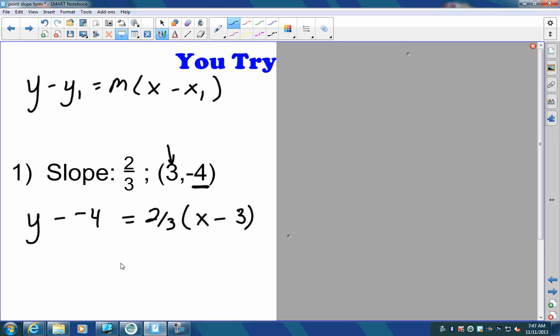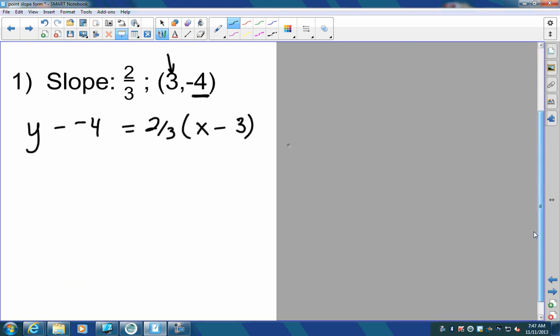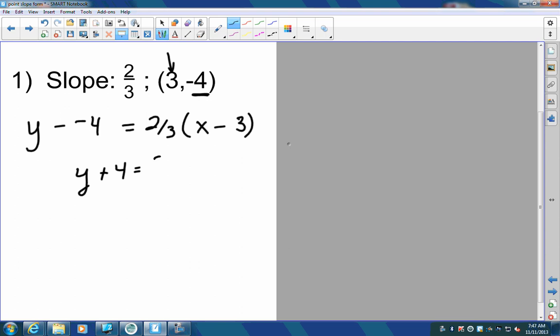Now, one thing I see first off is that I have these two negatives right next to each other. So that becomes y plus 4 equals 2/3 x minus 3. This is point slope form right there. Now I want us to write it into slope intercept form. So as we do that, y plus 4 comes down.